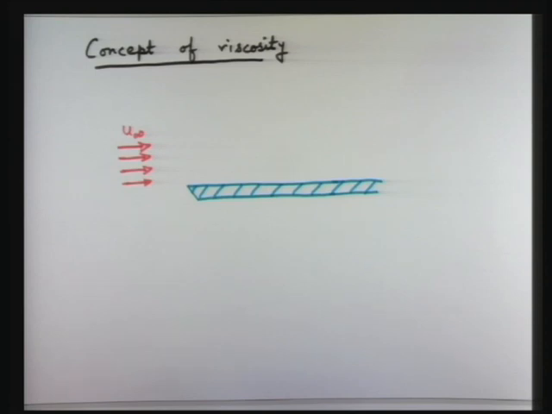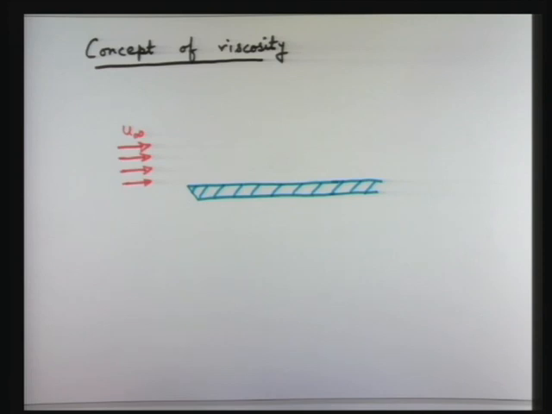Now let us assume that the no slip boundary condition is valid. Professor Som has discussed several examples by which he pointed out that the no slip boundary condition may not be valid under certain cases, and there are still controversies associated with that.